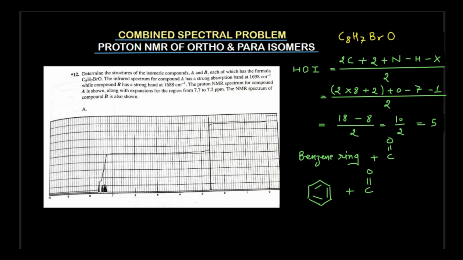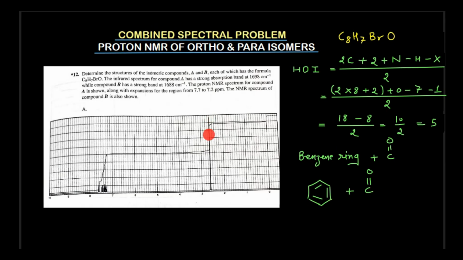So the only possibility left is the carbonyl group in the form of a ketone or an aldehyde. But the aldehyde possibility we can safely discard, because the aldehyde proton resonates between 9 to 10 ppm. That means if this were an aldehydic carbonyl, you must have a signal between 9 to 10 ppm in the proton NMR spectrum, which is absent here. So this compound is not an aldehyde, it is simply a ketone, right?